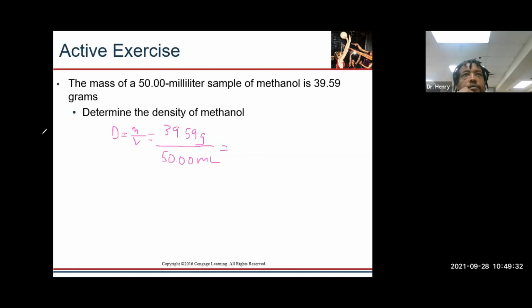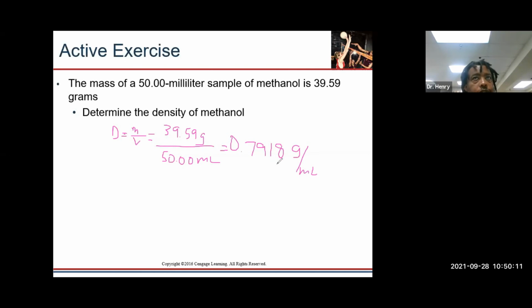So if I go ahead and do that math, 0.7918 grams per milliliter.